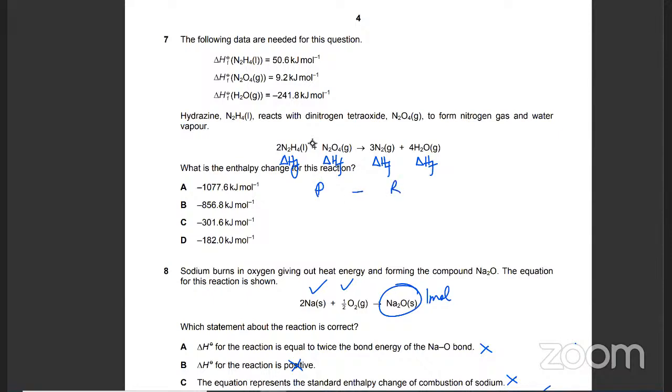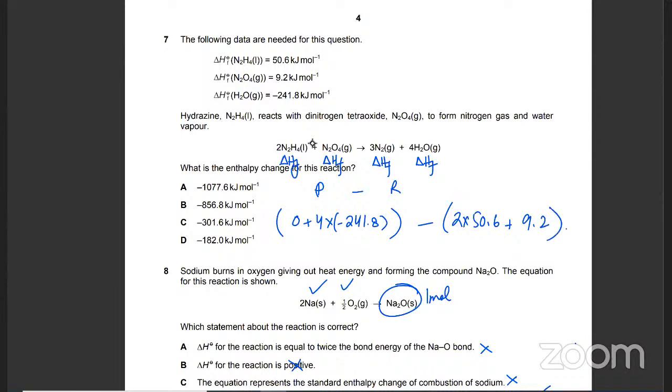The other product is 4H2O, that's 4 times minus 241. Be very careful with the signs. That's my product minus my reactant: 2N2H4, so 2 times 50.6, and 1 N2O4, that's 9.2. What do I get?